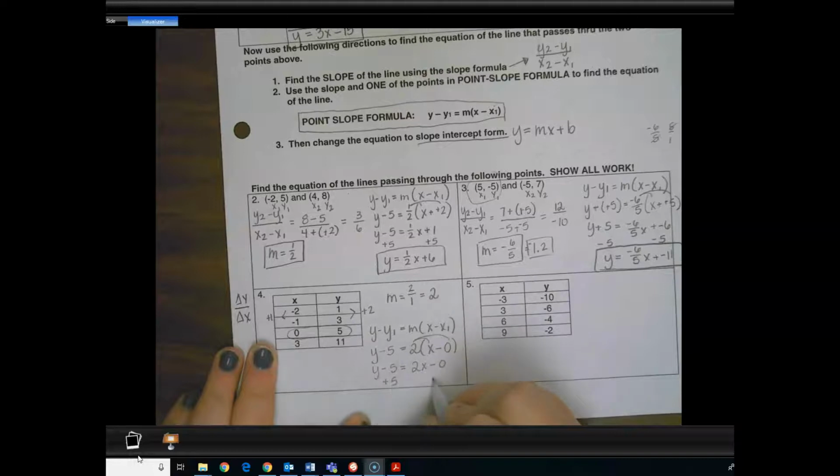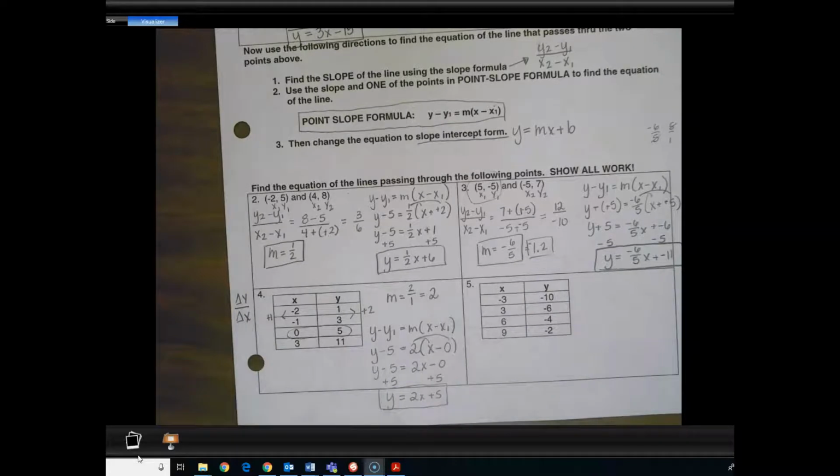Add 5 to both sides. y equals 2x plus 5. And of course I could plug in any one of those 4 points to see if it works.